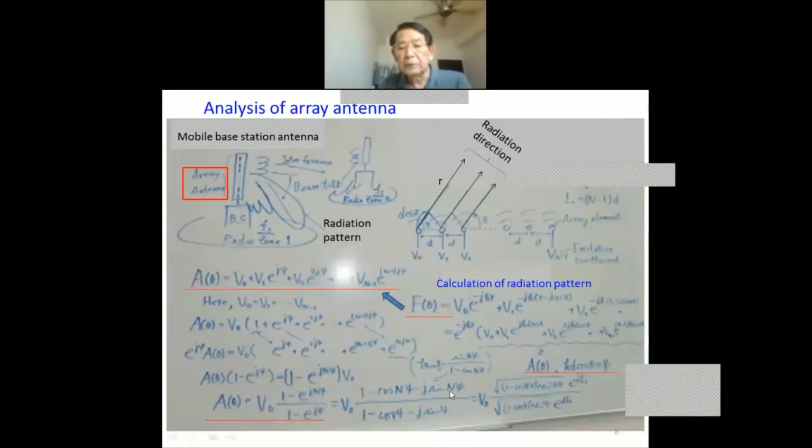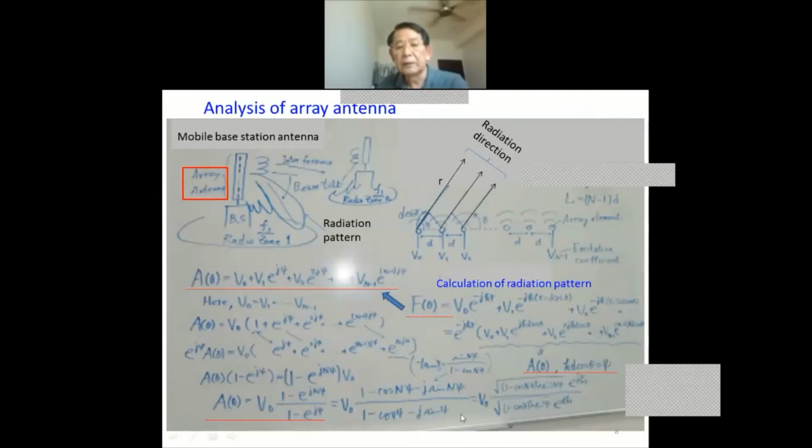This phase is determined by the ratio of the real part and the imaginary part, imaginary part divided by the real part. If this ratio is the tangent, then it can be expressed by this absolute value and this phase.